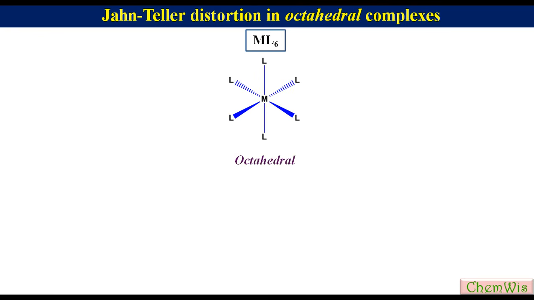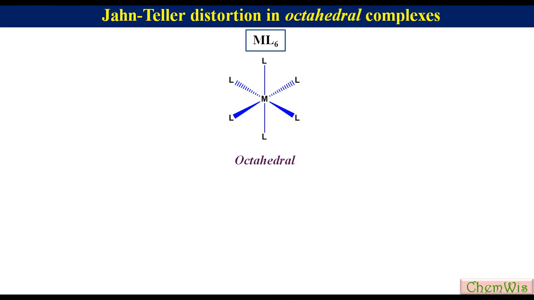Let's have the example of a hypothetical molecule ML6. If it has a regular octahedral geometry, it can be drawn like this, where there are two types of metal-ligand bonds, 2 axial and 4 equatorial.